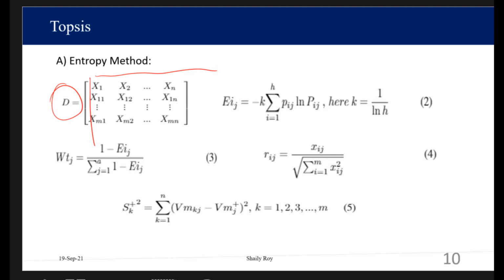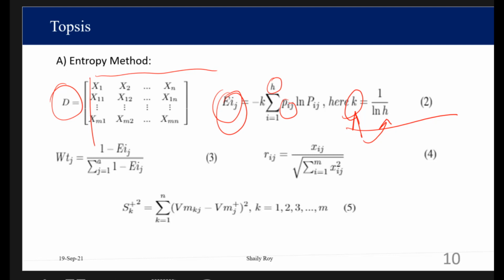The entropy measure of the project outcome is calculated based on the following equation, where h is the amount of data, Pij is the standardized data and Eij is the entropy information. And here K is a constant which refers to 1 by ln of H.